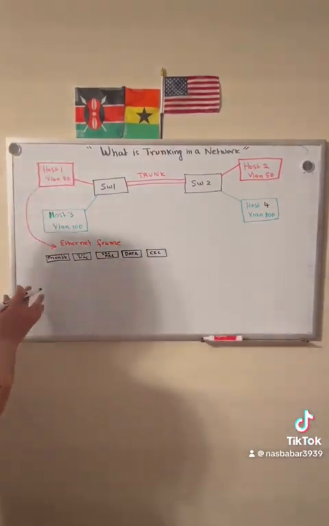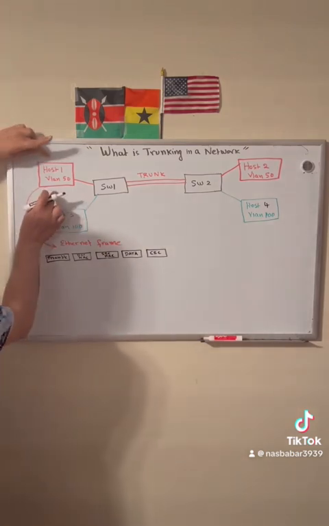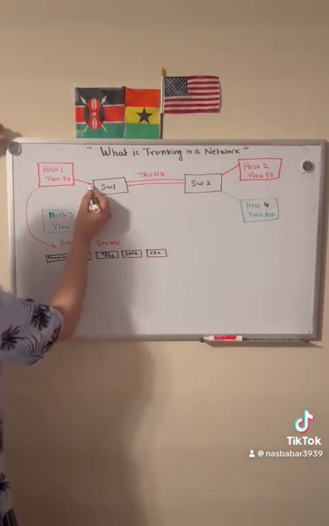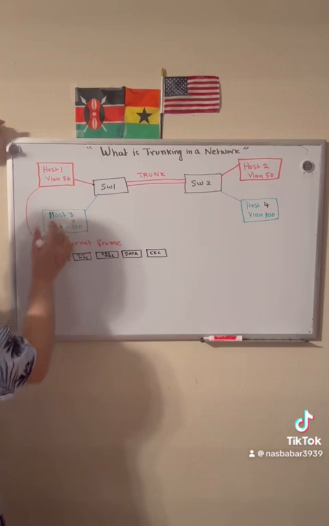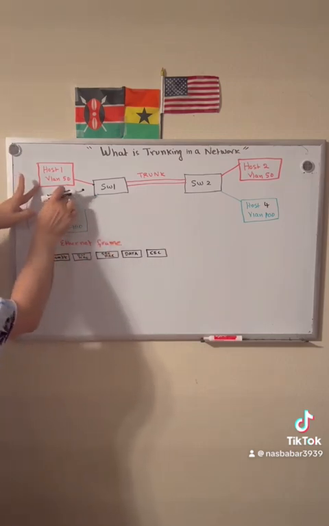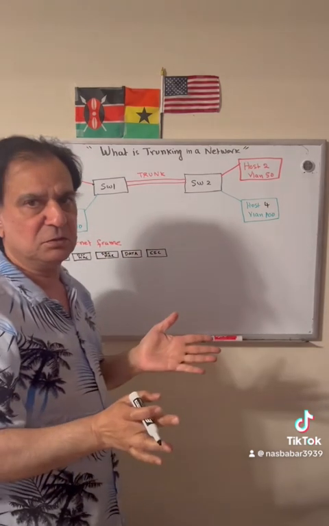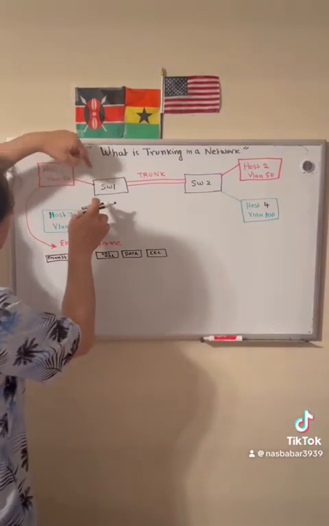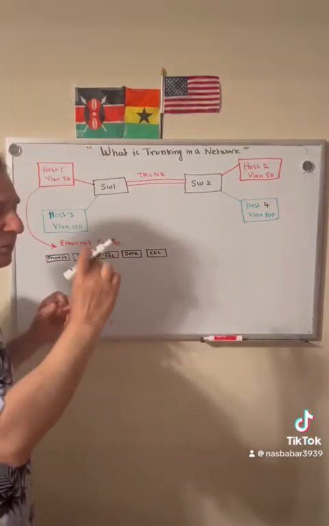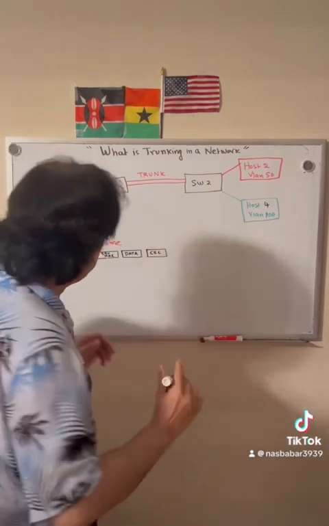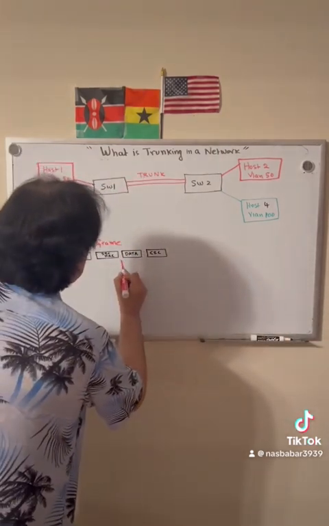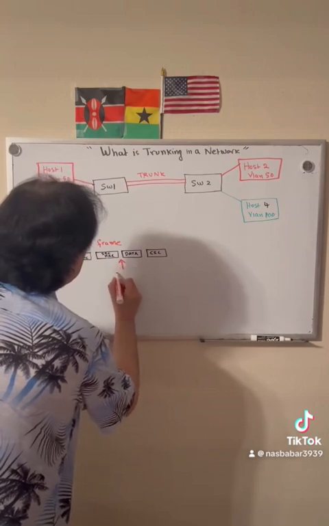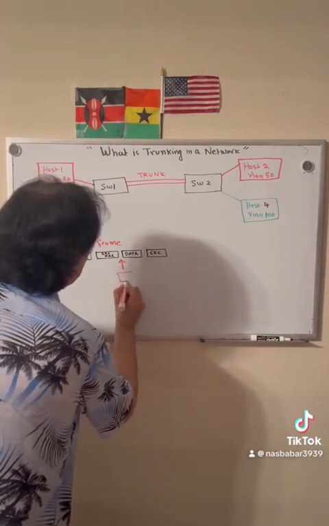Once this host sends the frame and it hits the switch, at that point, this host has no idea what the VLAN is. So when it hits this switch, the switch adds another tag, and that tag is going to have VLAN 50.